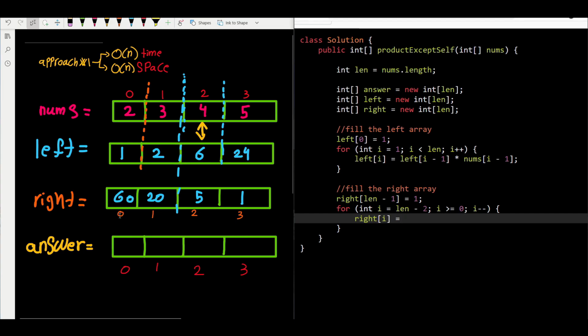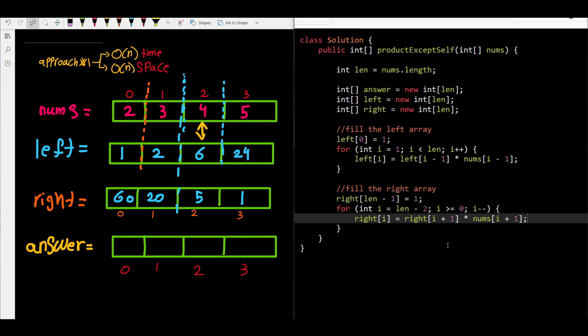If we are at index 0 and we need to multiply all the elements to the right of index 0, well, what we did is we went to this field, which is at right of index I plus 1, right? And we said we can multiply this by the value 3, or in other words, nums of 0 plus 1, or in nums of I plus 1. So nums of I plus 1.